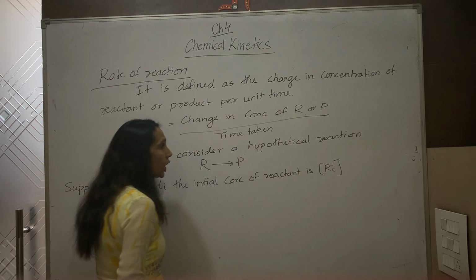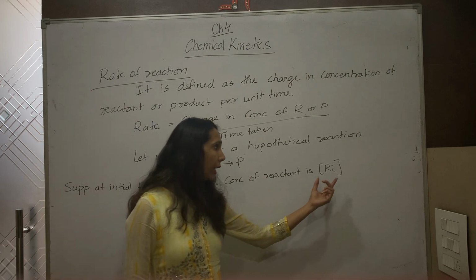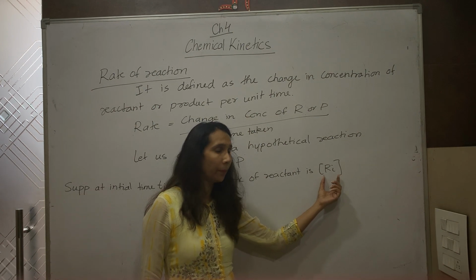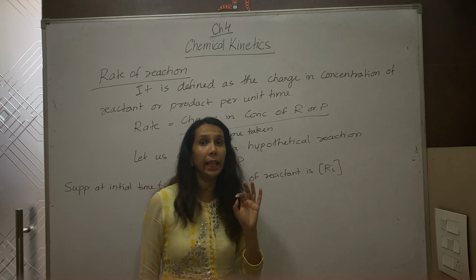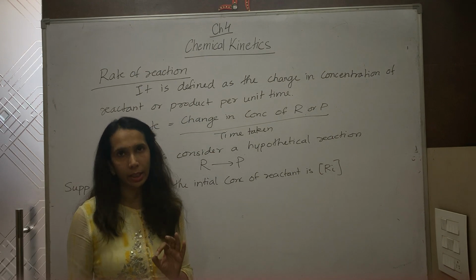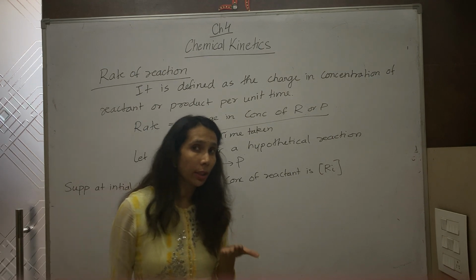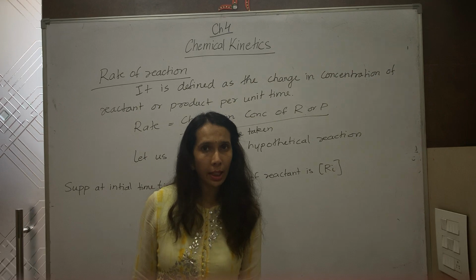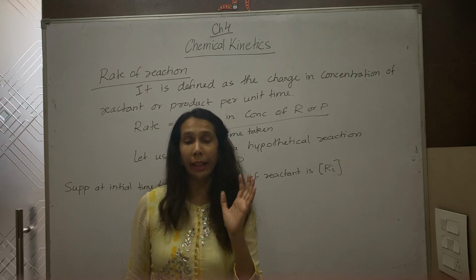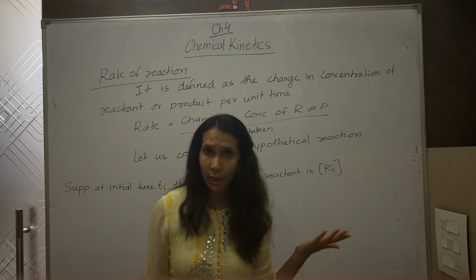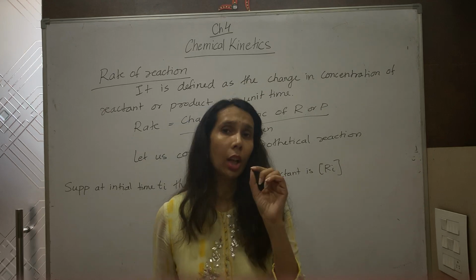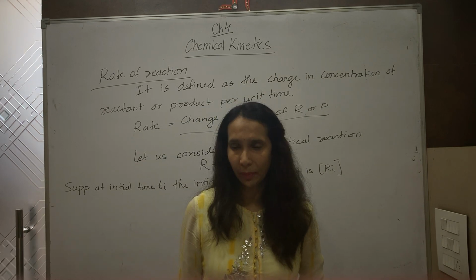Ri. Square brackets used here represent the concentration and i represents the initial concentration of the reactant. That means the concentration of the reactants we have taken in the test tube at time Ti. Suppose at 10 o'clock I start the reaction, so 10 o'clock is my Ti.